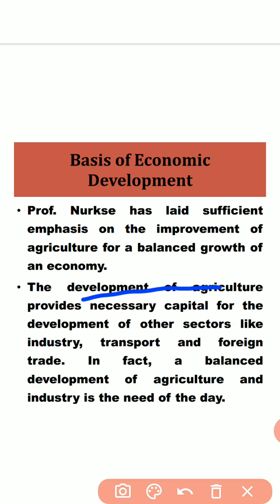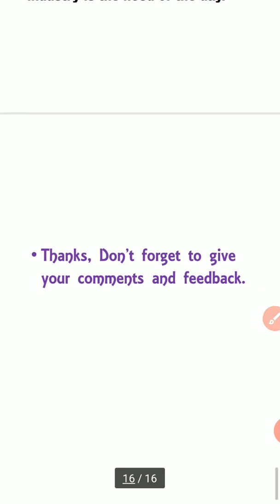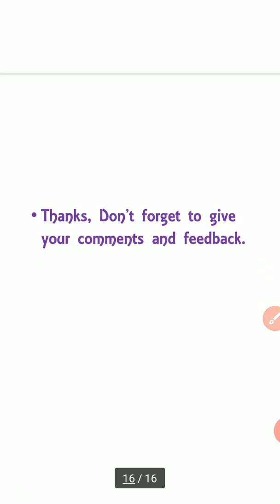Once the agriculture sector develops, it helps other industry, transport, and foreign trade to grow. This leads to overall economic development. This way we can see the agriculture sector plays a very important role in the overall economic development of the country.